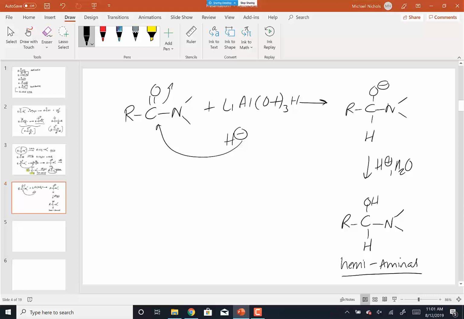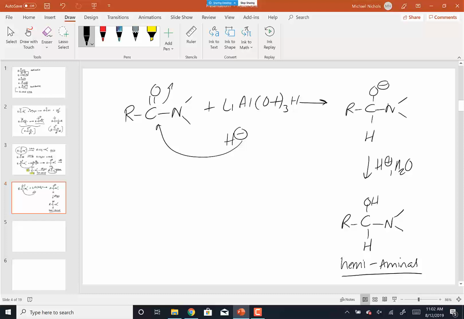I don't know, what do your notes say? So we make a hemiaminal. Is the hemiaminal stable? Hannah. Cameron.